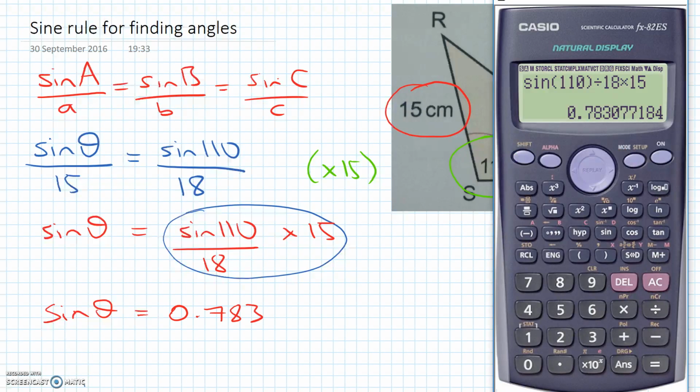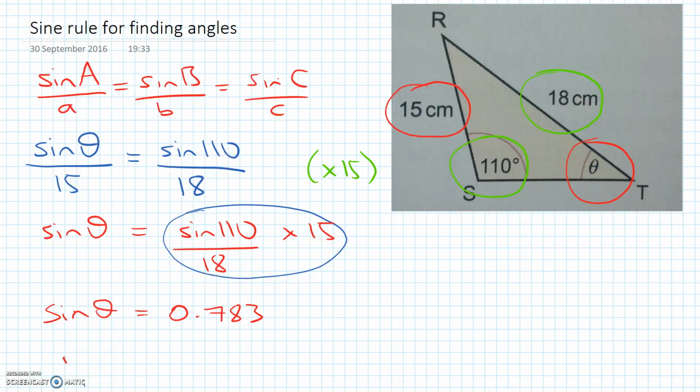So now a common mistake would be to leave that as our answer and wrongly say that theta was 0.783, but of course it isn't. Sine theta is equal to 0.783. So to find what theta is, we need to use the inverse function of sine. Okay, we need to find the inverse sine, sine to the minus 1, of 0.783.